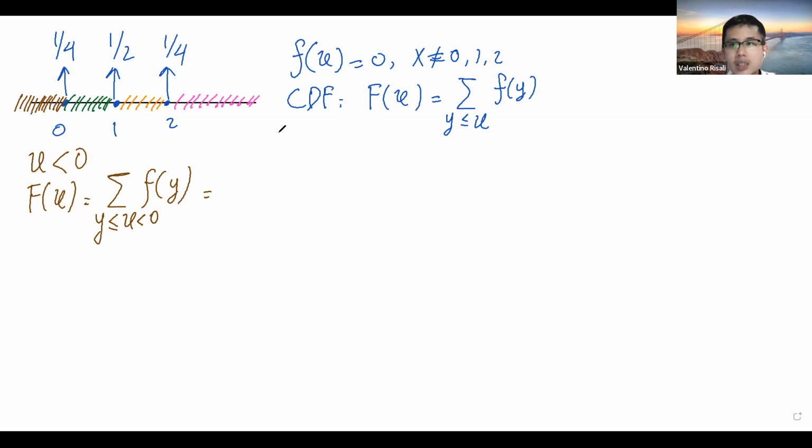We sum all f(y) for y less than 0. What is the value of f(y) where y is less than 0 from the definition of the PMF?